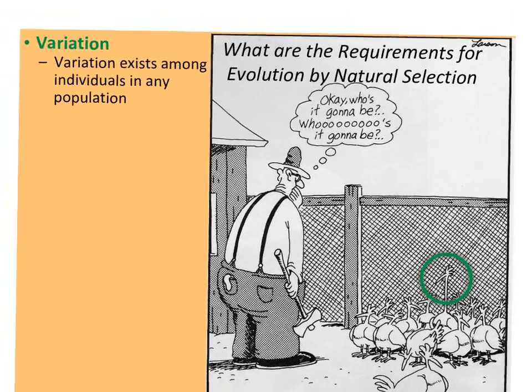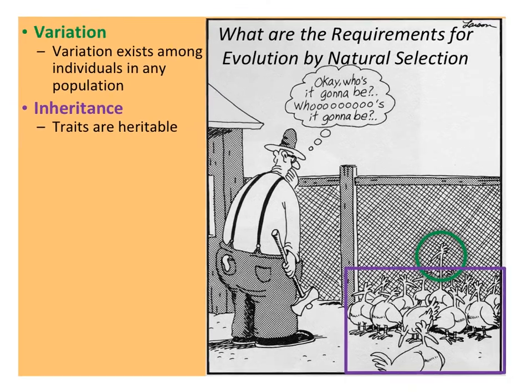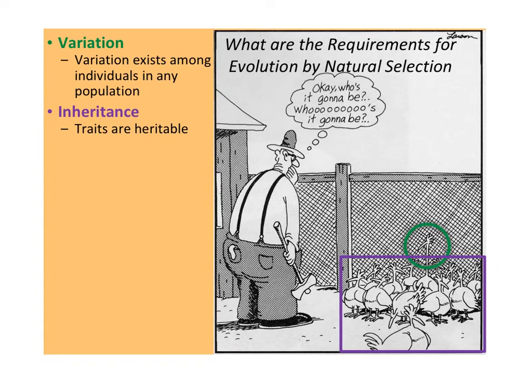Okay, so here's variation, right? Most individuals are short. Only this one is tall. Who's it going to be? Is this inheritance?